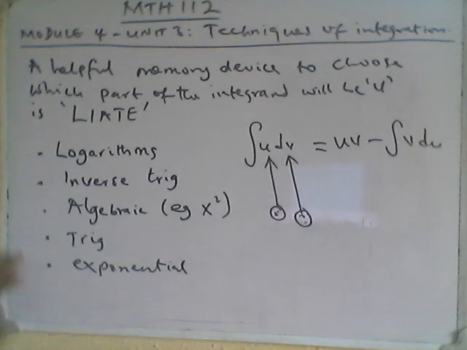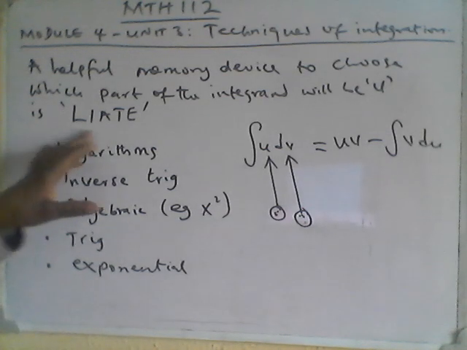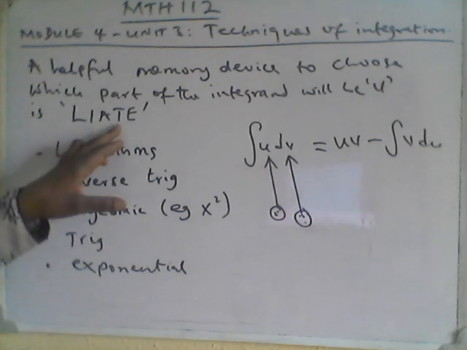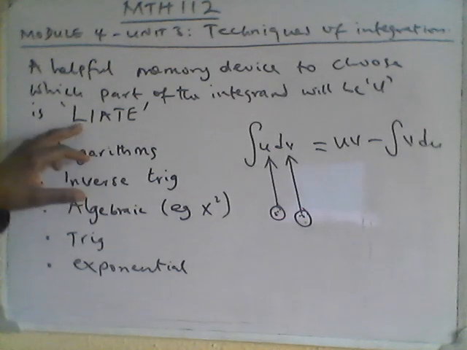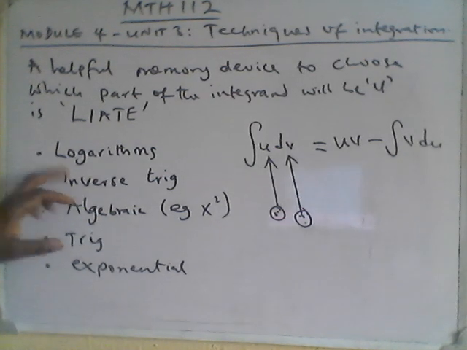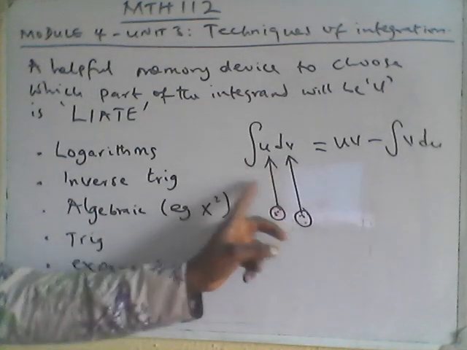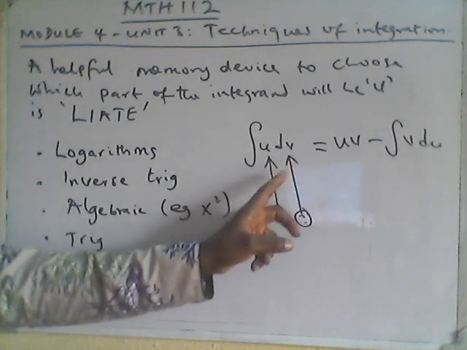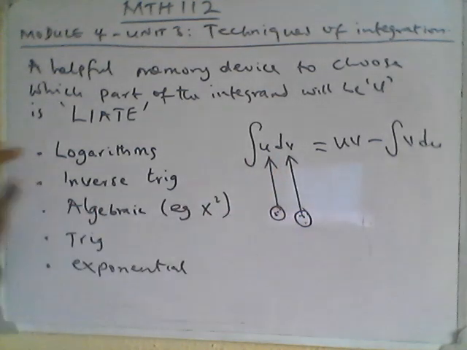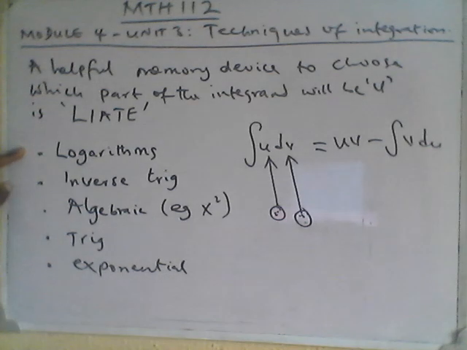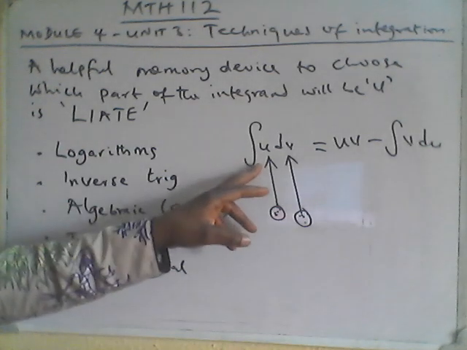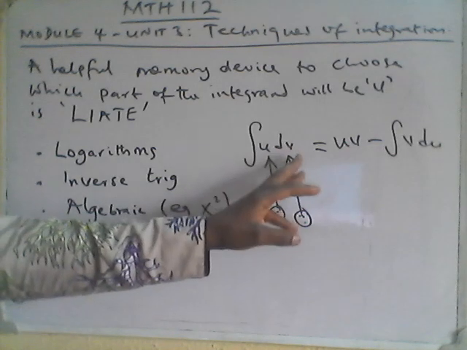So first of all, you check LIATE. The L stands for logarithms. So you check the two functions of x, which of them has a logarithm. If you have a logarithm, then you choose that one as u, and every other thing will be dv.